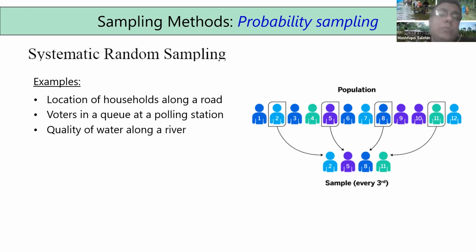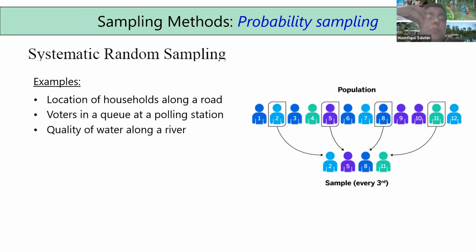So you want to survey the households along a particular road. Then it becomes a little easy for you. You can get a list of households along those roads and do your systematic random sampling.